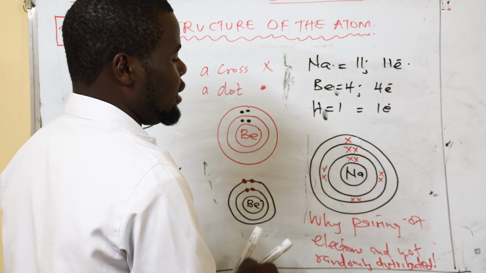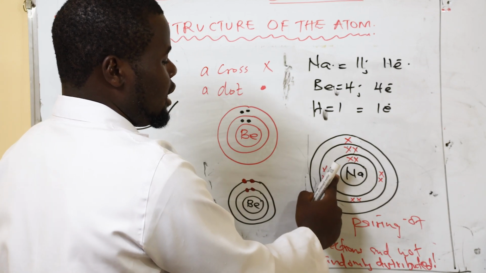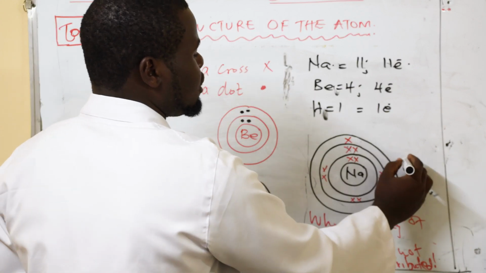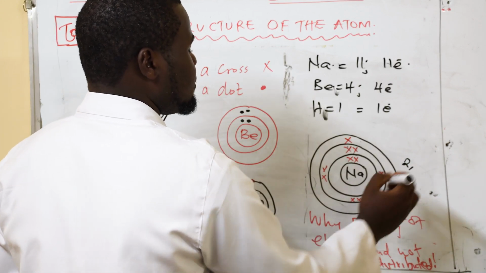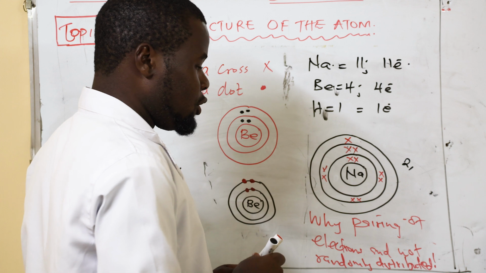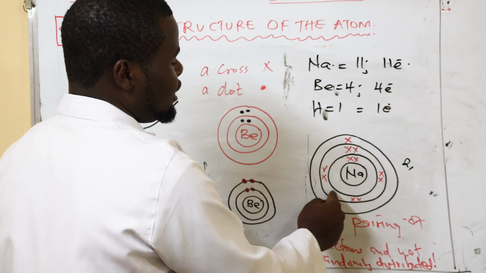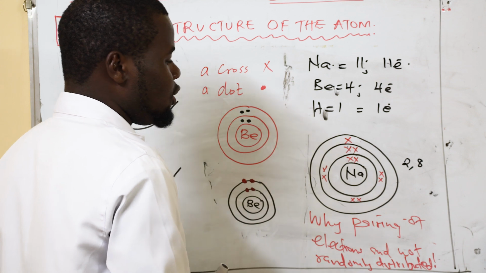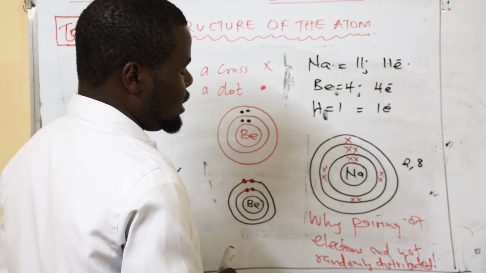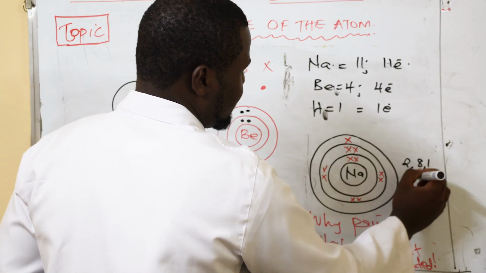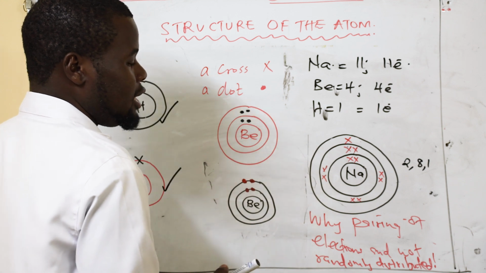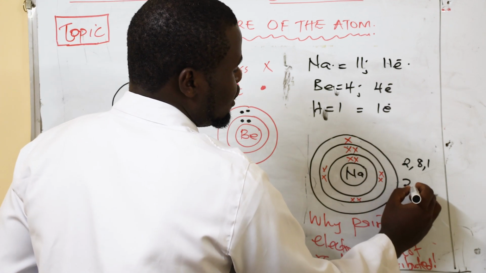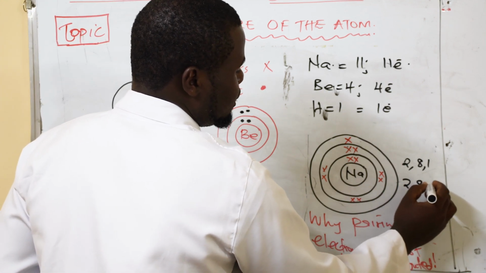I will check the innermost energy level has got 2 electrons. Then move to the next energy level has got 8. Then move to the next, which is the last energy level, which is 1. The 3 can be separated by comma or full stop.